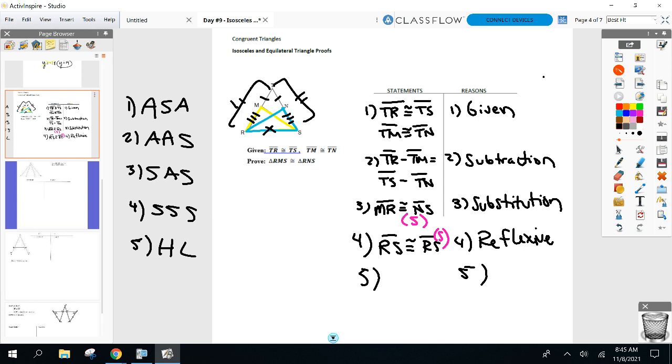Congruent angles. Everyone see that? Because TS and TR are equal, the angles across from them are equal, which would be what angles for us? Angle MRS, which is an angle in one of the triangles I need, is congruent to, on the other side, NSR. Good.